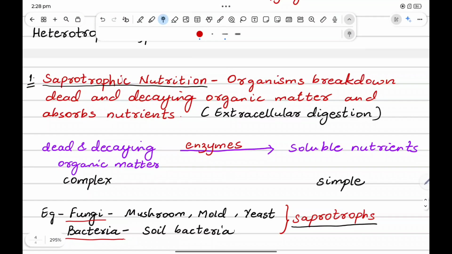But when it comes to saprotrophic nutrition, organisms like fungi and bacteria show extracellular digestion.